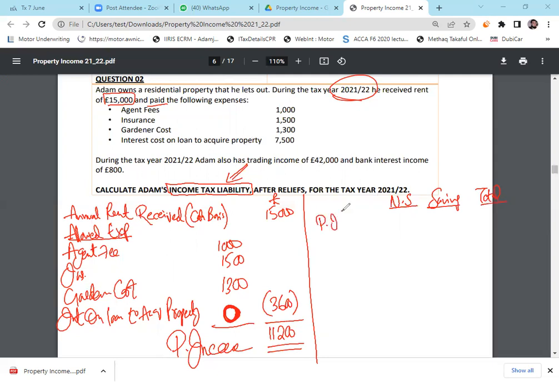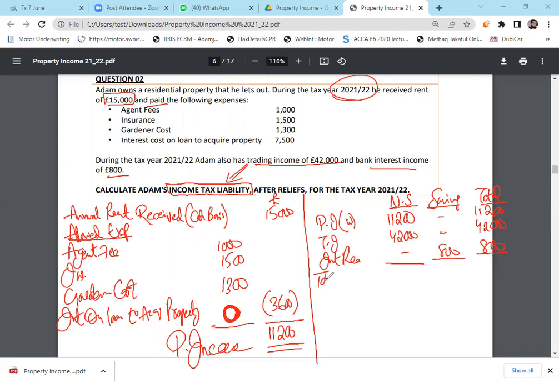Property income we just calculated, 11,200. Trading income is also part of non-savings. And interest income is 800. Can you tell me the total, please? Non-savings is 53,200. 54,000. This is total income.